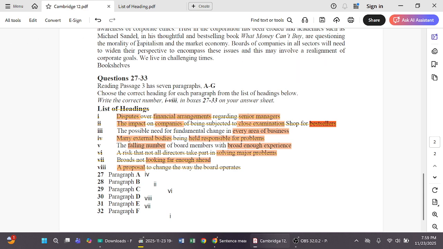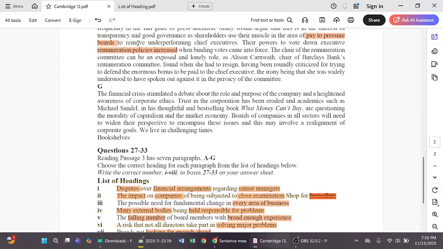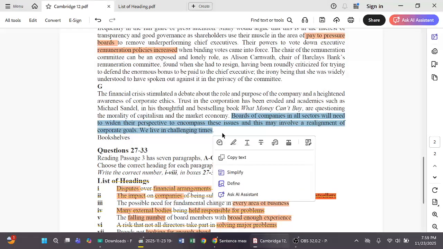So for the last paragraph, we try to have a look and understand what the answer is. The financial crisis stimulated debate about the role and purpose of the company and a heightened awareness of corporate ethics. Trust in the corporation has been eroded. Boards of companies in all sectors will need to widen their perspective to encompass these issues.